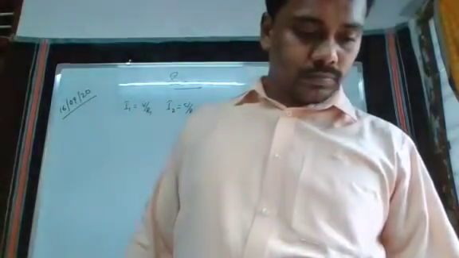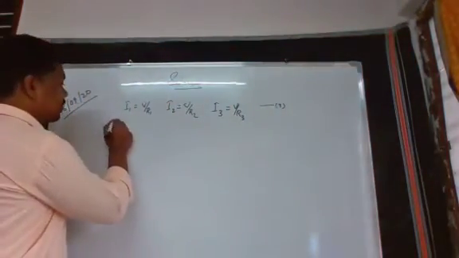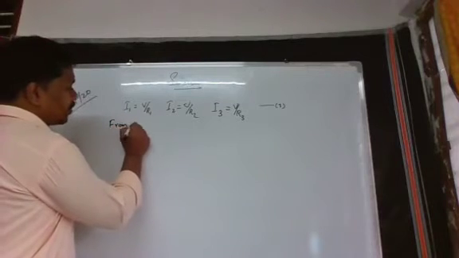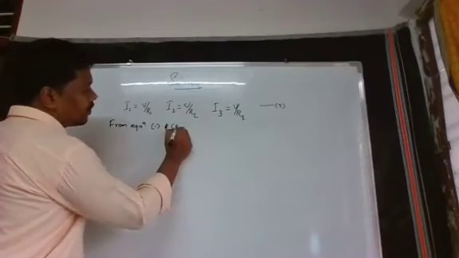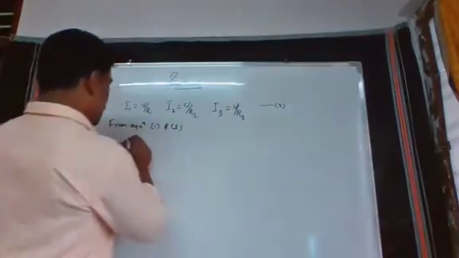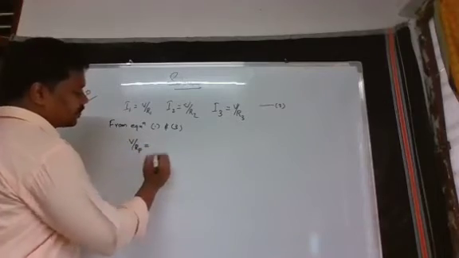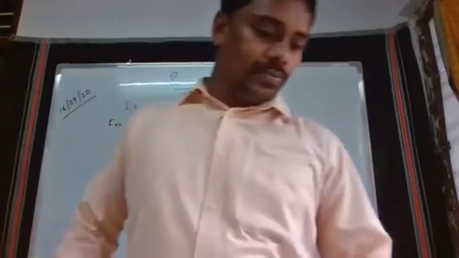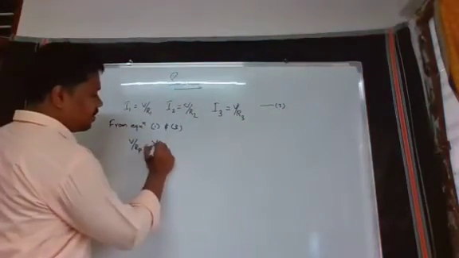And from equations 1 and 3, we will get V by RP is equal to V by R1 plus V by R2 plus V by R3.